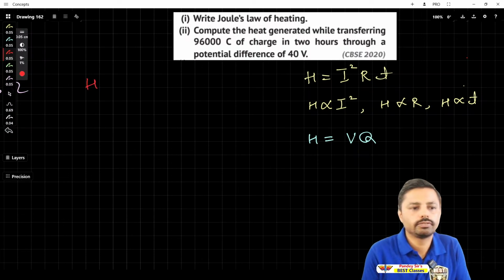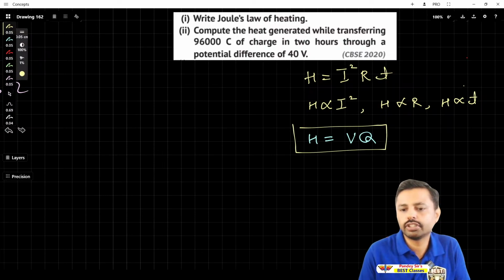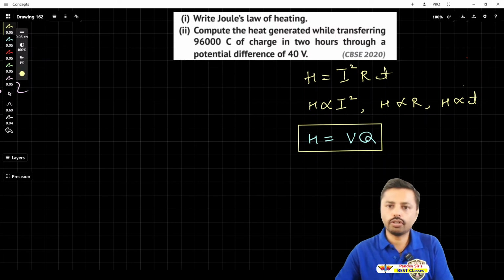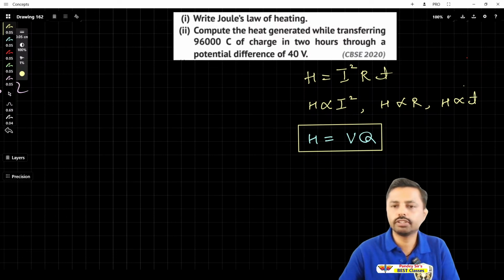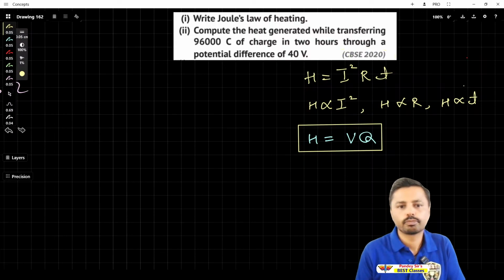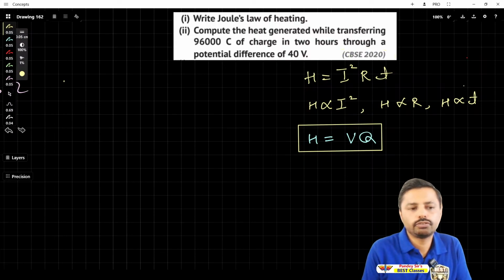So H. One more thing, I just told a new formula which is a big time saver. It's not actually new, but many times it's not given. So it's a time saver. Note it down and remember, if a question like the one given in 2020 comes, you have to do it this way. So H will be equal to 96,000 into 40.